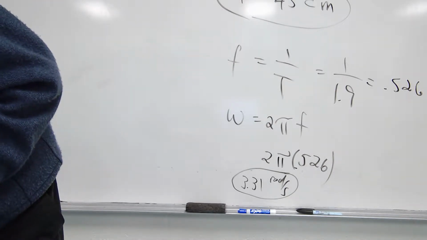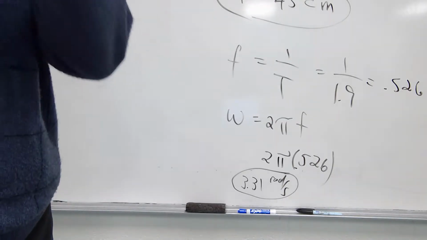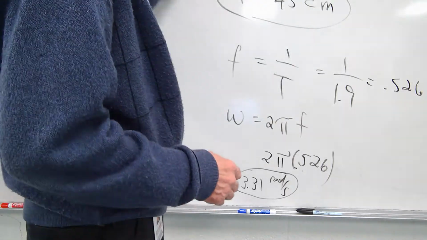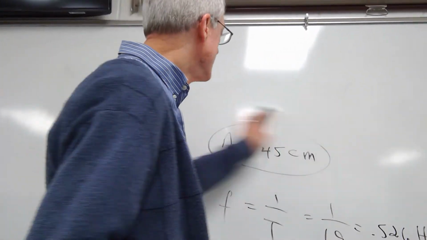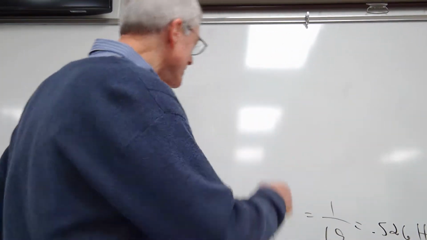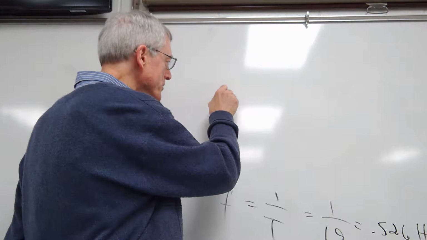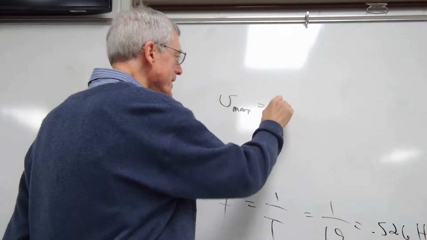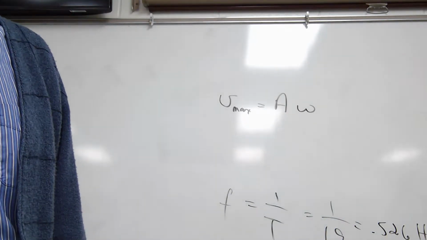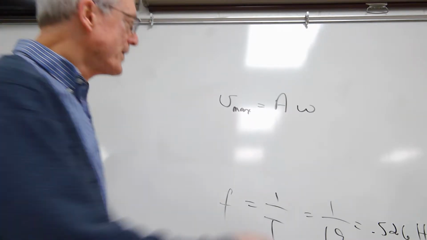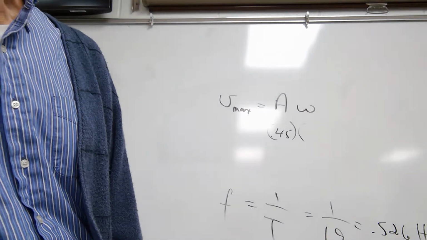Part C, what is the maximum speed obtained by the person? Once again, I'll do it up here where there's some room. The maximum speed could be done with energy methods where K is equal to U, but it's probably easier to remember that you can find it by amplitude times omega. 0.45 is the amplitude in meters, and omega is 3.31.